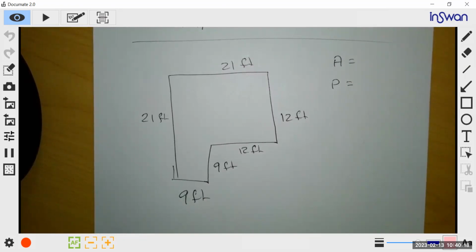Find the area and the perimeter of this object. No calculators, put away. Yeah, okay. Okay.